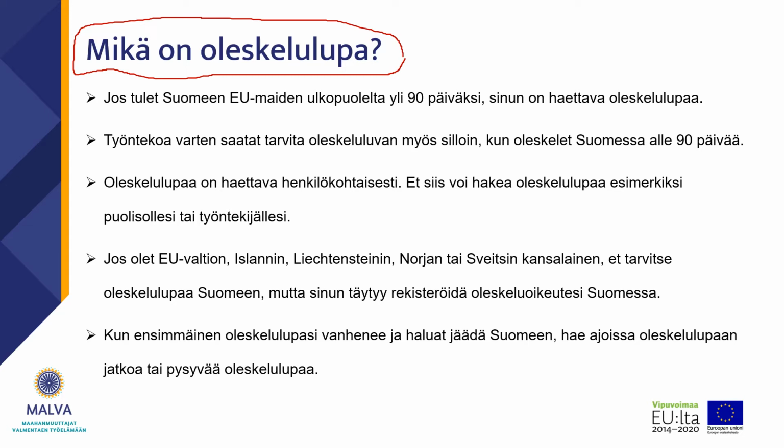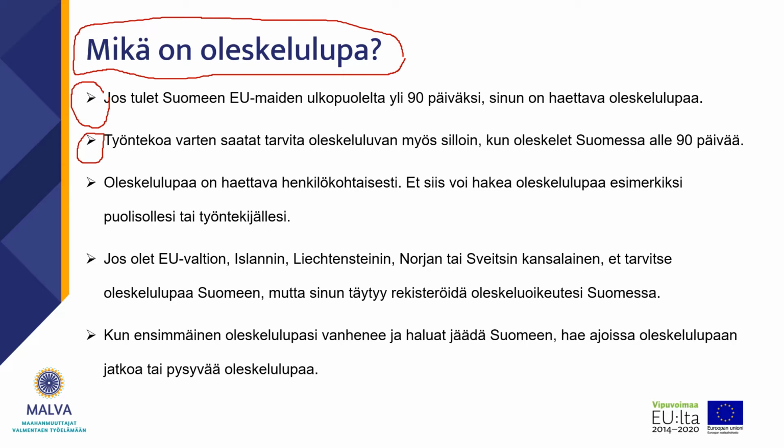You may also need a residence permit to work in Finland for less than 90 days. So if you are coming straight away for work, then this 90 days limit is not really applicable. So even for 1 month, 2 months of work, you need a work permit, which is a residence permit.